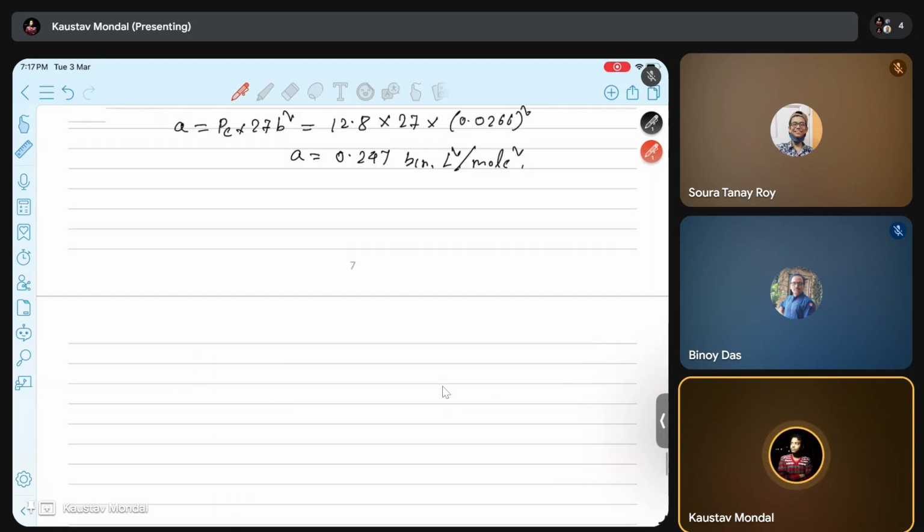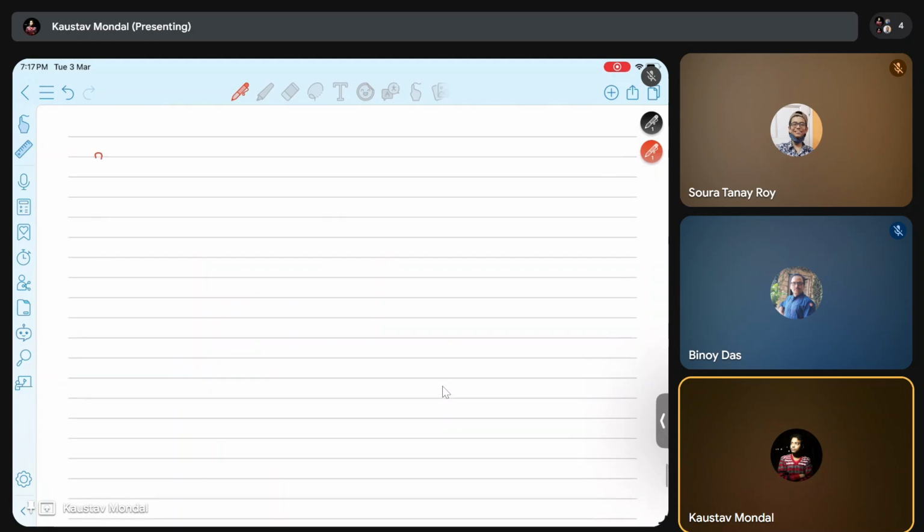Now the next problem is: calculate the Boyle temperature of 1 mole of helium gas using the van der Waals constants.